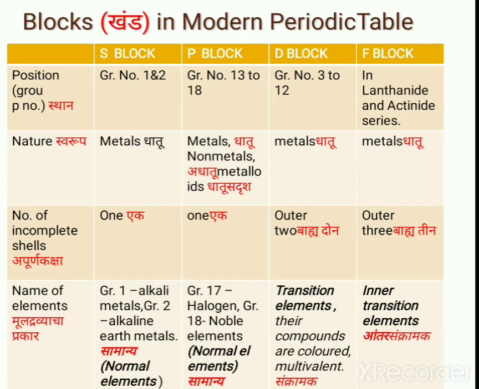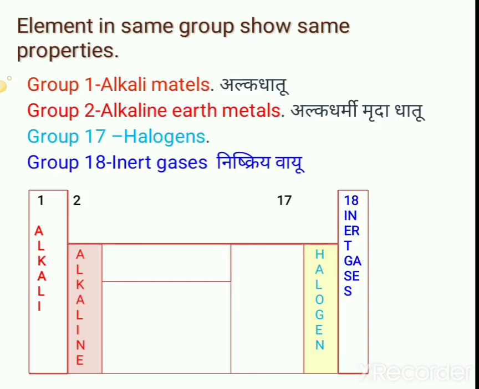Students, this is very important: there are 4 blocks in the modern periodic table, and you have to keep in mind their nature, how many incomplete shells they have, the names of the elements, and which groups come under which blocks.